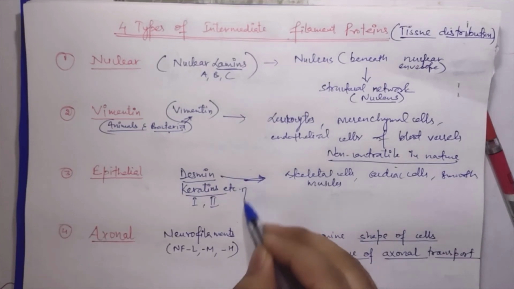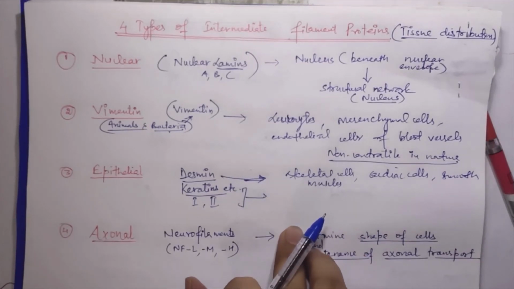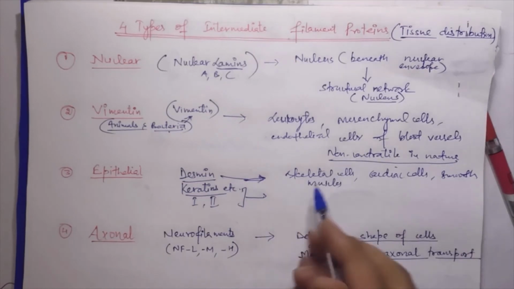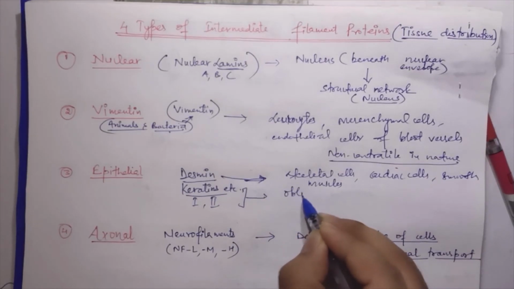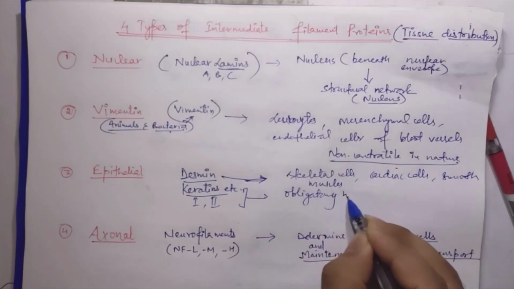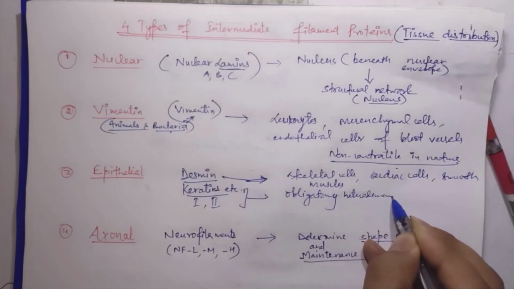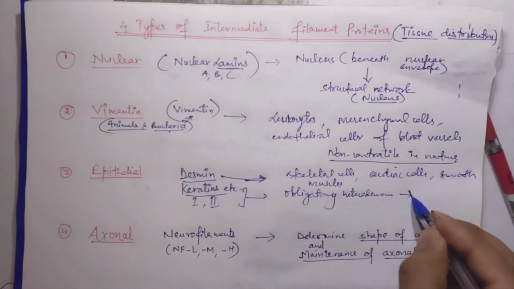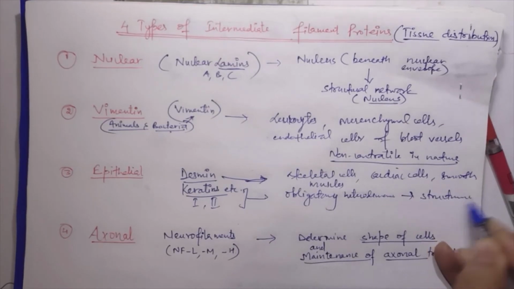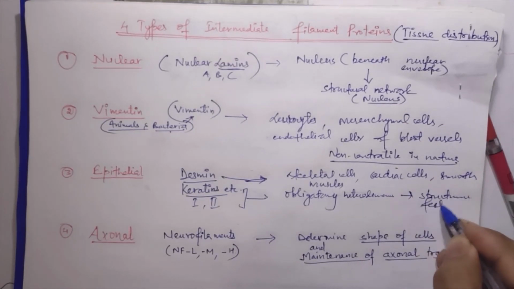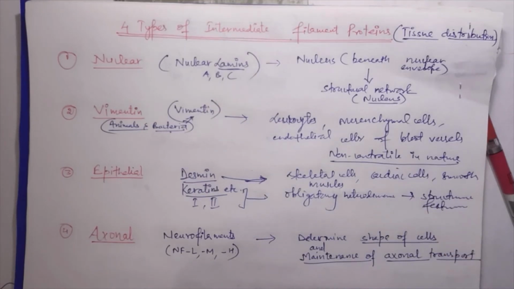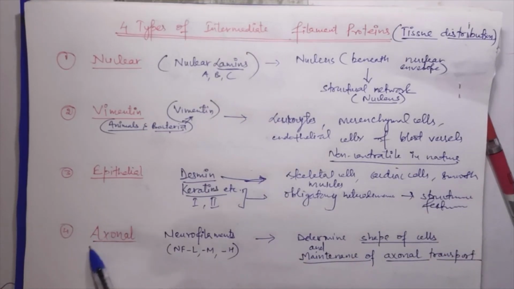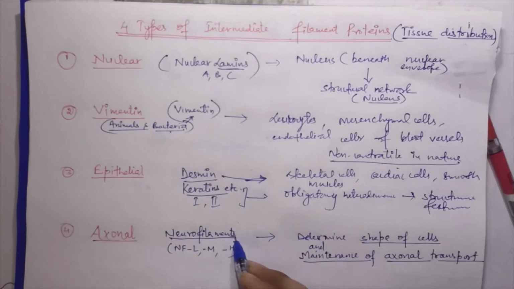And keratins, on the other hand, type 1 and type 2, are obligatory heterodimers which help in the formation of structural features in animals.